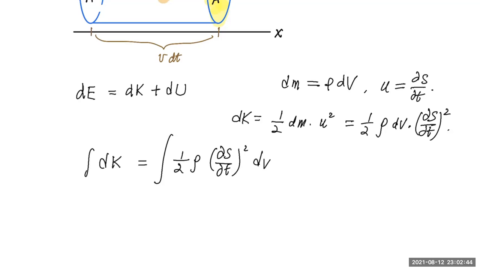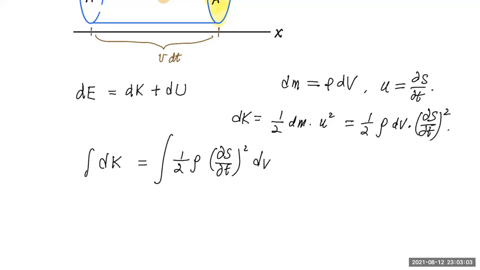Now, s is a function of location and time. So when you square that, or take a derivative, it's still a function of location and time. But I can actually work out what s is, because I know s is a sine or cosine function of time.